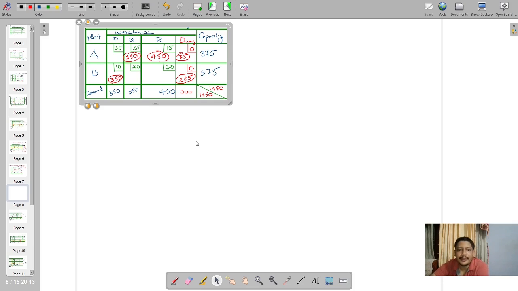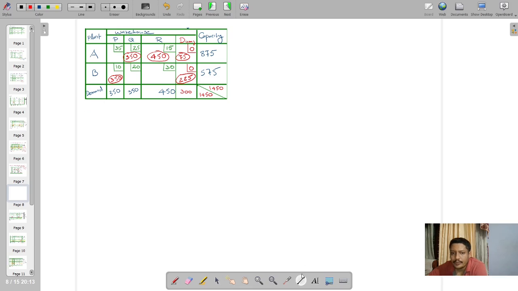Initially we are going for the UV decomposition method, or modified distribution method, also known as the MODI method. So this will be taken as U1, this as U2, this as V1, V2, V3 and V4.